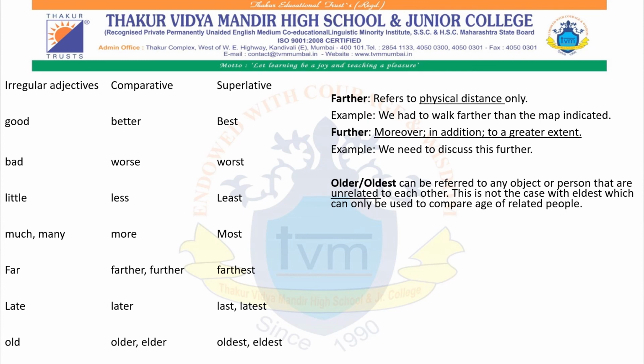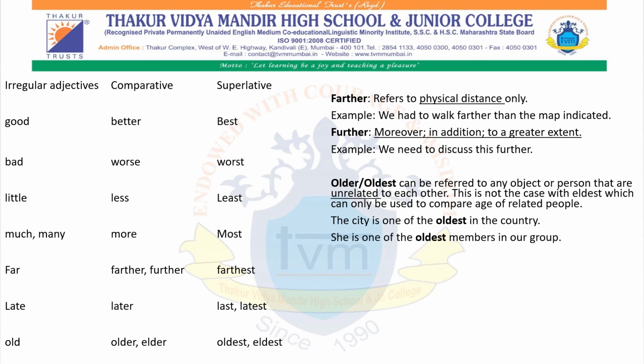Older and oldest can refer to any object or person that are unrelated to each other, and this is not the case with eldest, which can only be used to compare age. So older and oldest are not necessarily related to age, nor to any related object or person. Example: the city is one of the oldest in the country.